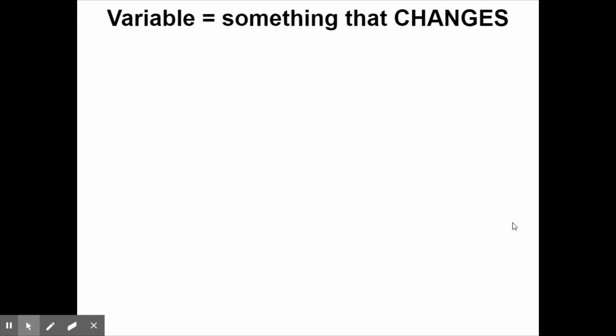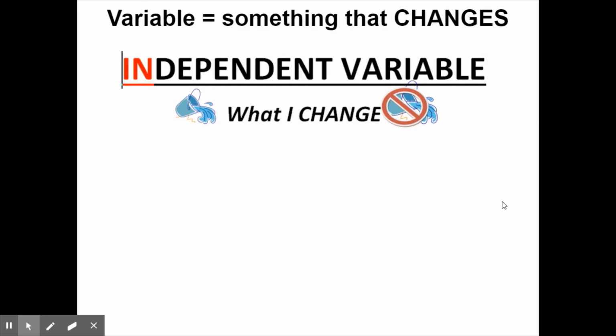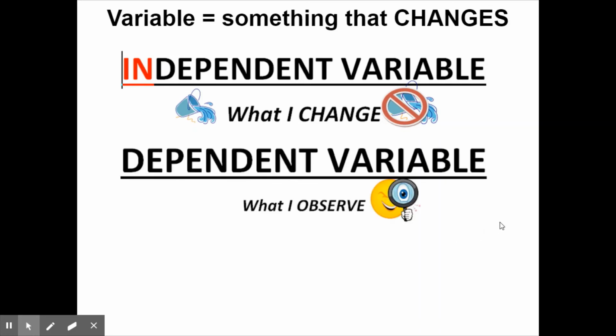In every experiment, there are going to be variables, and a variable, you may remember from math, if you've had this already, is something that changes. It varies. In experiments, you'll have an independent variable. That's the part that you change. That's when you're deciding what you're going to change about your two groups to make your experiment. The dependent variable, that's what you observe.